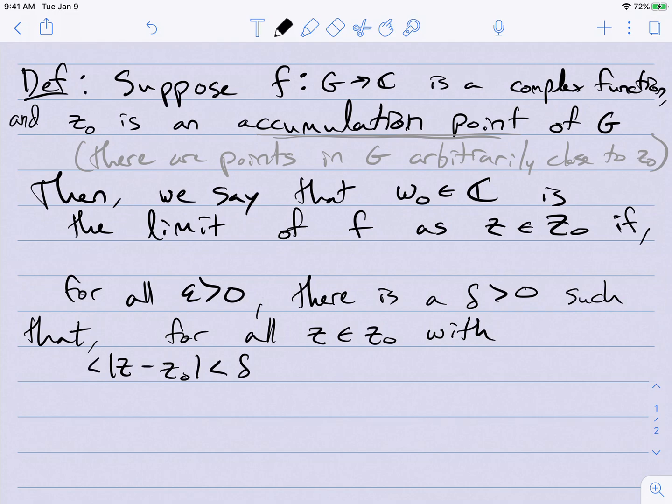So one way to say that is we're looking at z whose distance from z naught is greater than 0, so it's not z naught itself, but less than delta. So points other than z naught that are close to z naught, if for all those points we have that f of z is close to w naught.